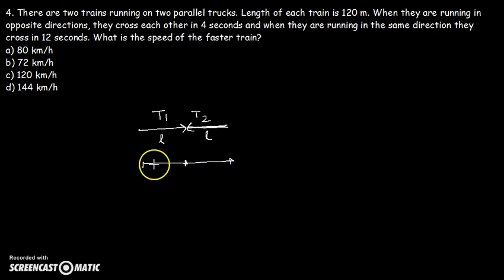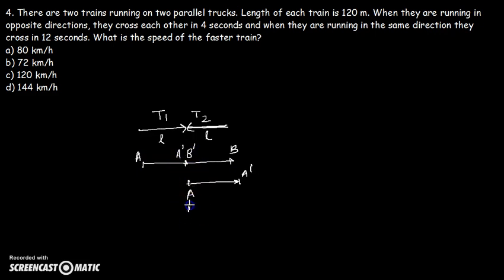These are the two trains. Consider these points to be A dash and B dash B. Consider two trains to be like this. How can you say that the trains have crossed each other? When the positions become like this. A dash reaches here and A is here.